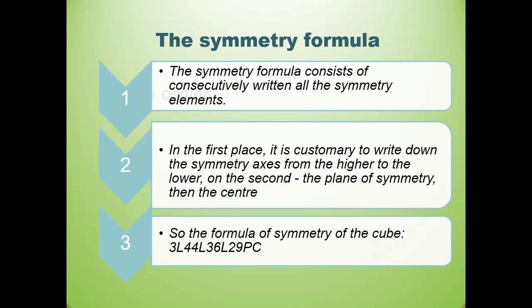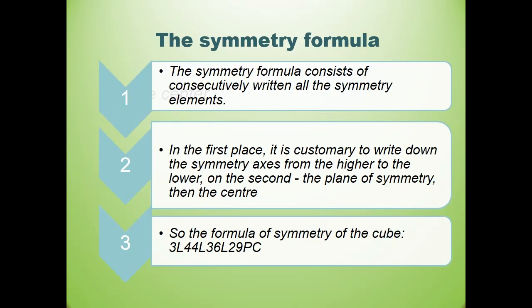What is the symmetry formula? The formula of symmetry is all the elements of symmetry recorded in succession. In the first place, there are usually written the symmetry axes from highest to lowest. In the second place, the planes of symmetry, then the center of symmetry.